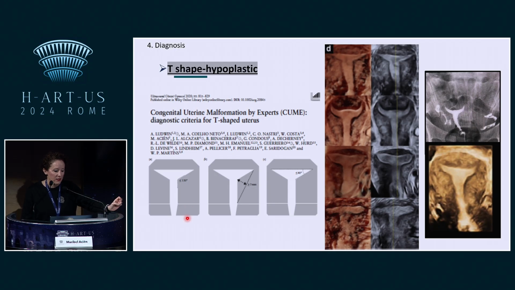The threshold parameters that we propose are a lateral indentation angle of 130, a lateral internal indentation depth of 7 millimeters, and a T-cornual angle of 40 degrees. But in that paper, we stressed that the T-shaped uterus diagnosis is difficult, and if just one criterion was met, this uterus should be considered normal, or other tools should be employed to clarify the diagnosis.